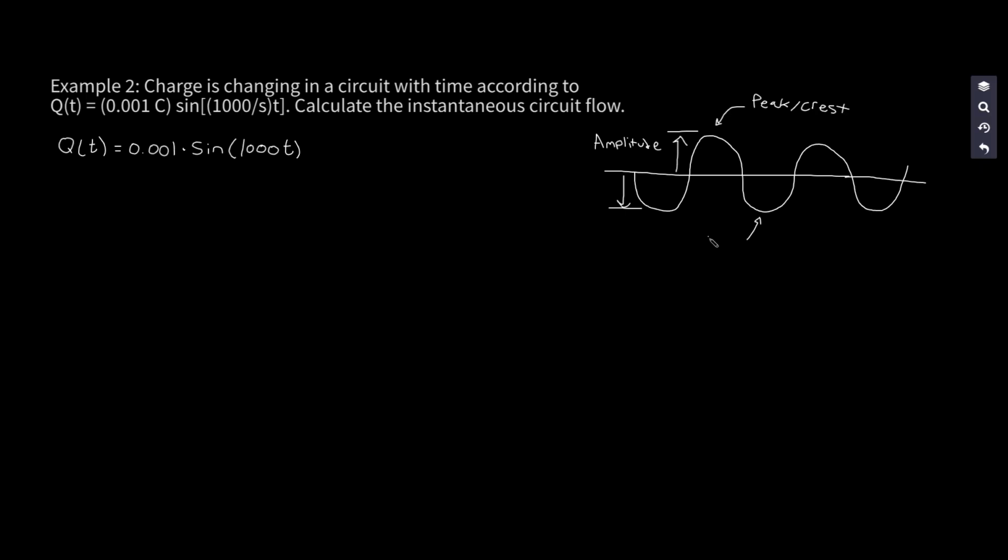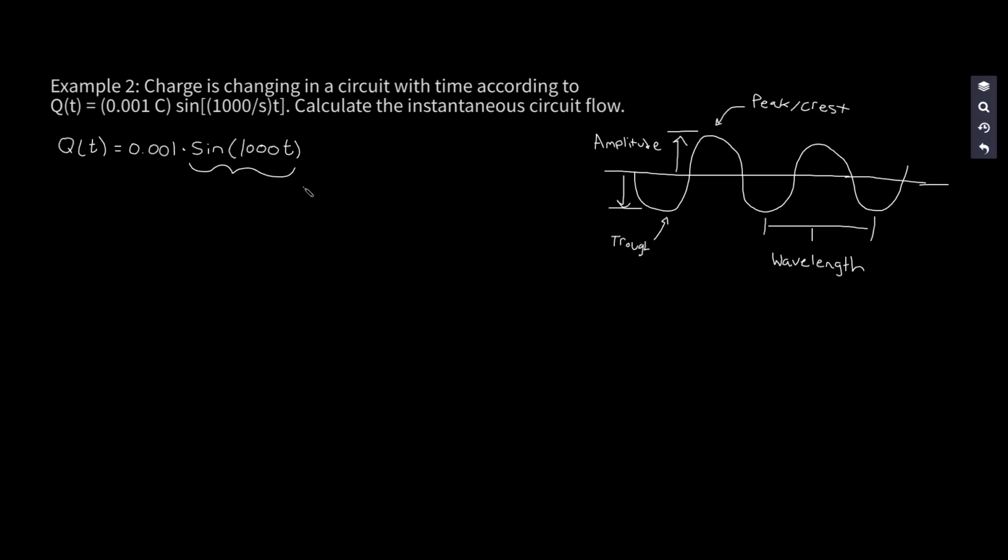And down here is the trough, the lowest point. This line would be the resting position. And this here is the wavelength. Sine of 1000 t tells us that the charge isn't just moving in one direction forever, it's oscillating back and forth like a wave.